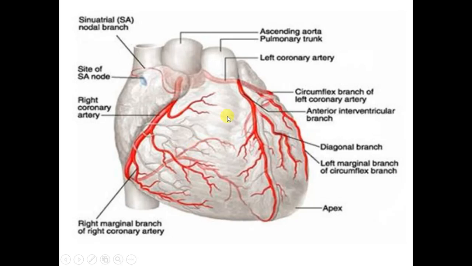If we go back, here we see the branches, the right marginal branch and right ventricular branches of the right coronary artery. Here a branch is given to the SA node, the SA nodal branch.